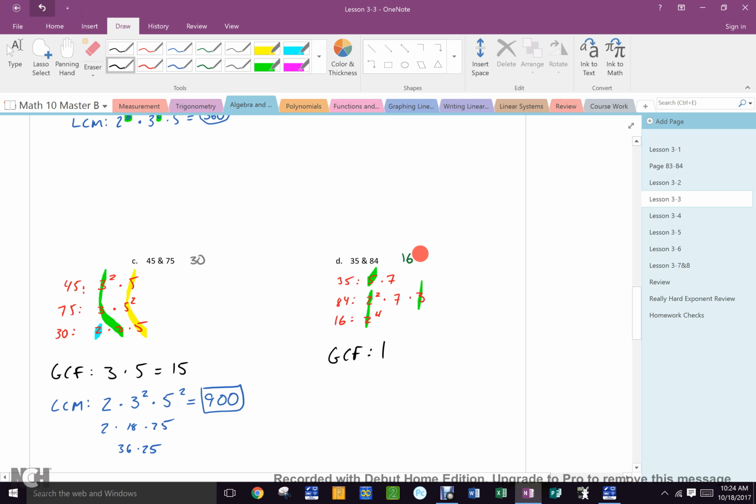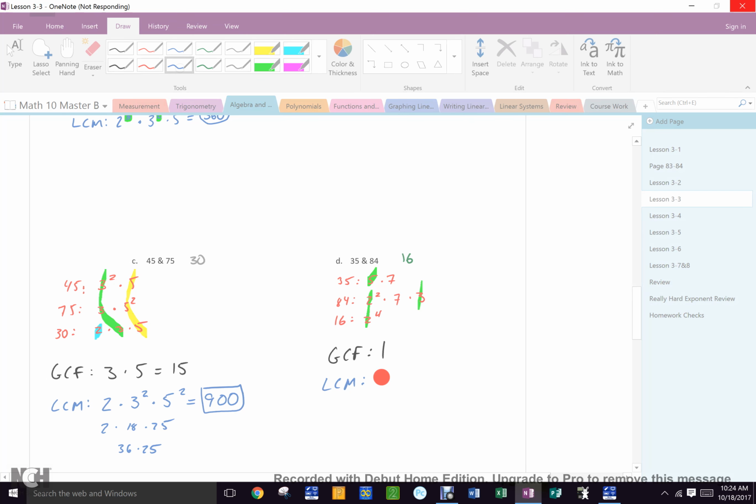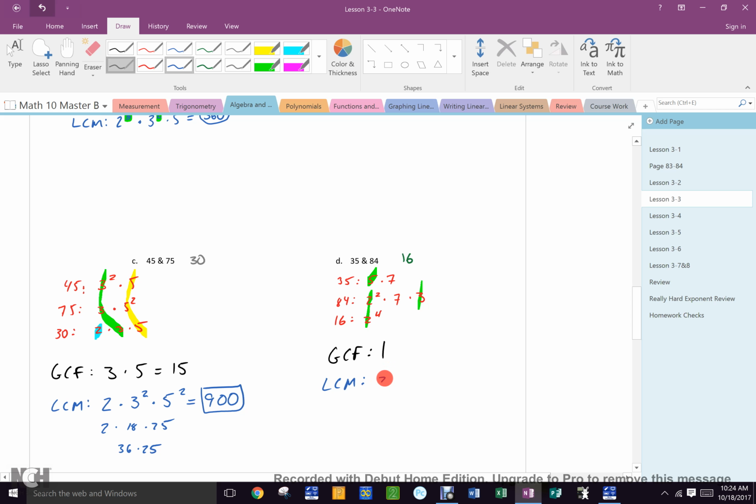Agreed? What is my LCM? I have to count everything by the highest exponent. So, how many 2's do I need? 2 to the 4th. How many 3's do I need? 1.